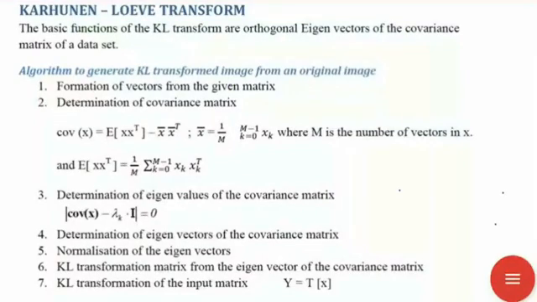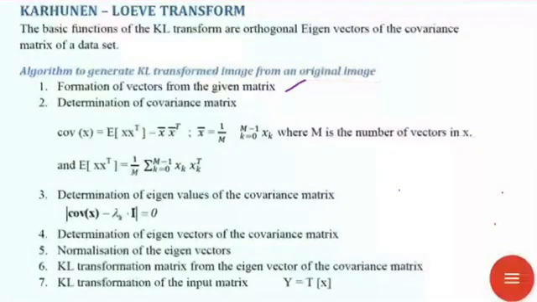The first point is formation of vectors from the given matrix. That means take the matrix, or consider the image, that is of size n by n.